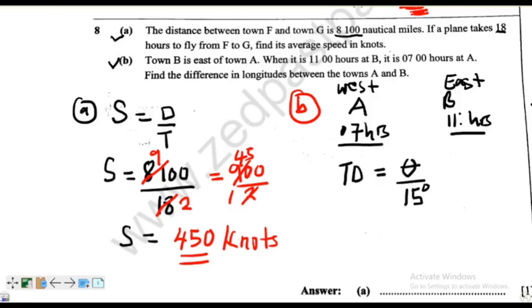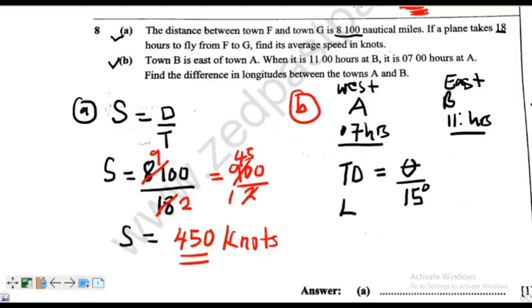So when time is in the east, to find the time in the west, we just have to subtract. If you're finding the time at east, you're supposed to add. So to find the time difference between point A and B, we say 11 minus 7. What are we going to get?